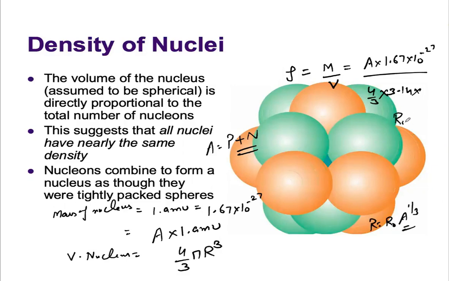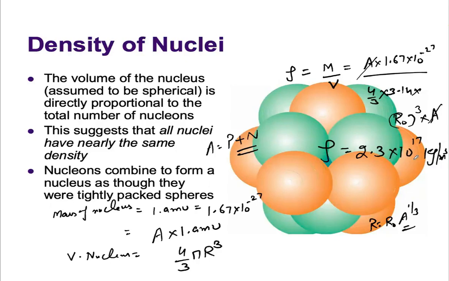When you calculate, r0³ times (A^(1/3))³ becomes A. So A and A get cancelled, and the density of the nucleus is around 2.3 × 10^17 kilogram per meter cube, and this is very, very high.